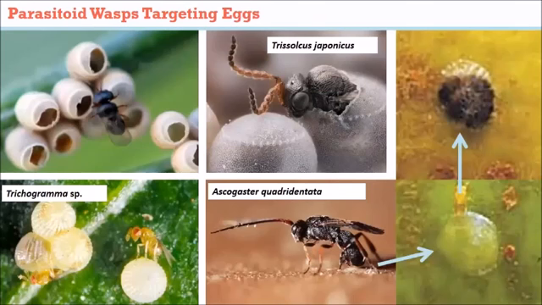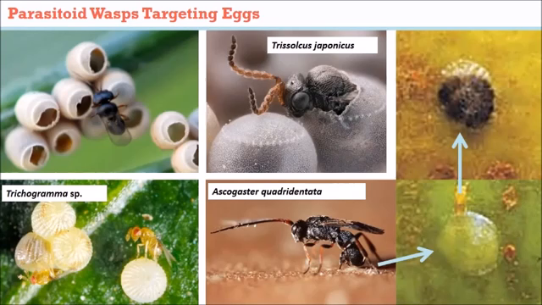And then there's teeny tiny parasitic wasps that just target eggs of other insects. And those are also, again, often unseen, but doing a really great job. There's ones on the far left that target stink bug eggs. On the lower left, just a general egg parasitoid, Trichogramma.